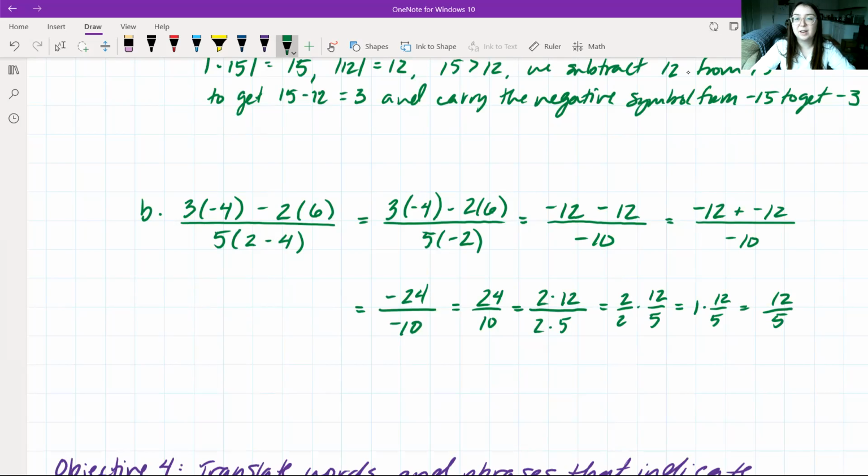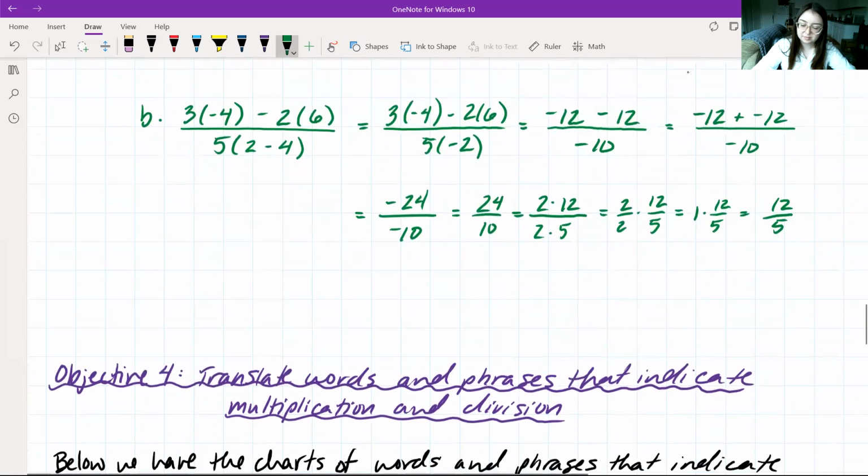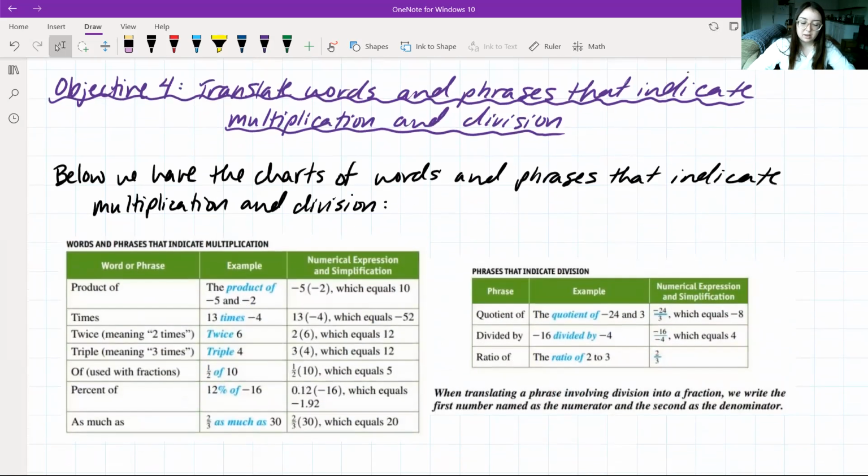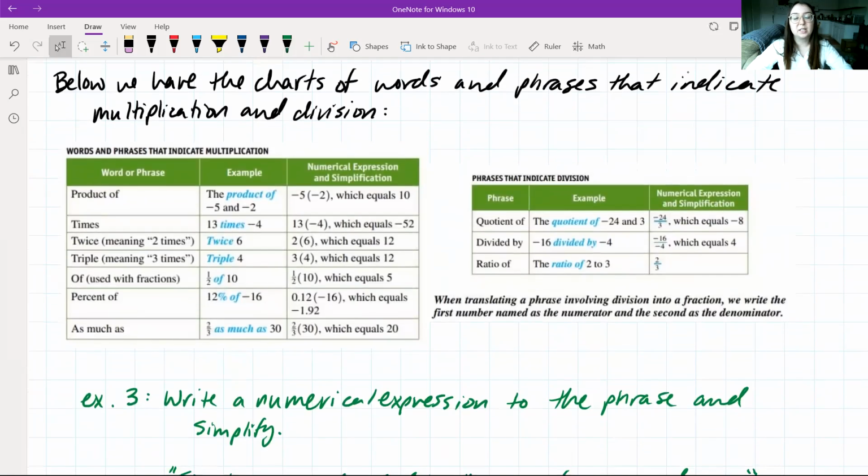So, all right, moving on to objective 4. We want to translate words and phrases that indicate multiplication and division. So below we have the charts of words and phrases that indicate multiplication and division. So starting with multiplication, we have words like product of, times, twice, which just means 2 times, triple, which just means 3 times, of, which is used with fractions, so 1/2 of 10, something like that, that indicates multiplication.